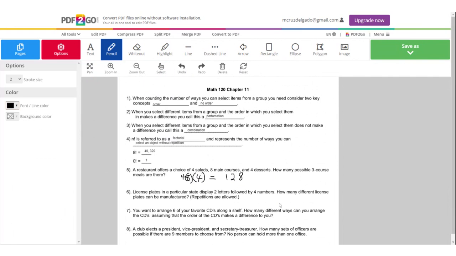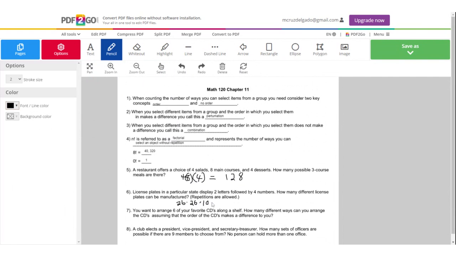License plates, the same idea on the counting principle. Repetitions are allowed, so we're just going to have 26 times 26. If there were no repetitions, then we have to subtract out one and have 25. Same thing here.